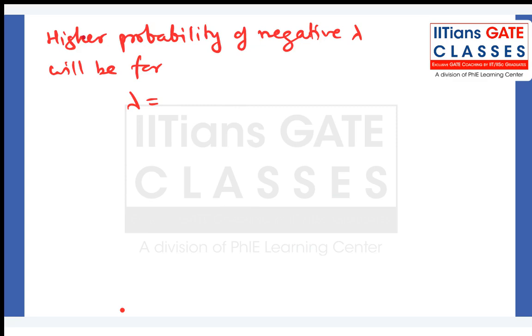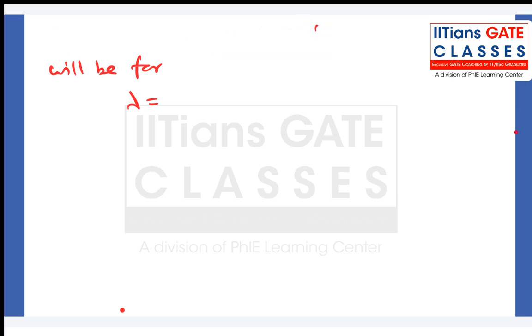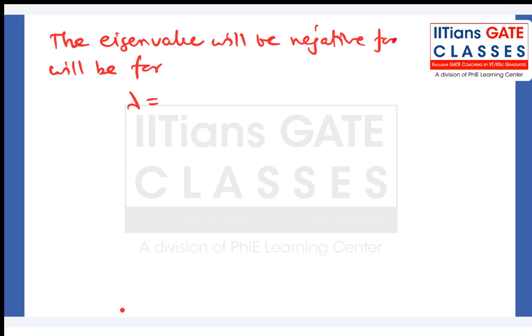If you want negative lambda, the only possible case will be that the eigenvalue will be negative for lambda equal to 2 minus square root of 1 plus 8a, and it has to be negative.